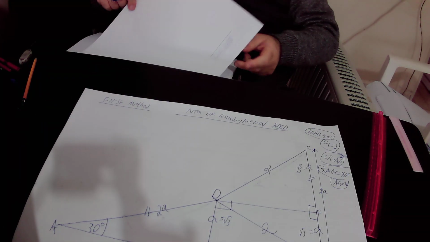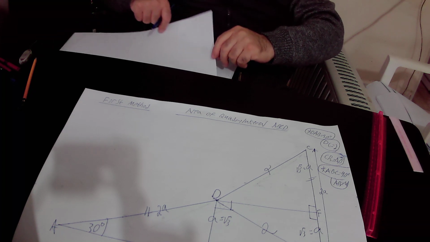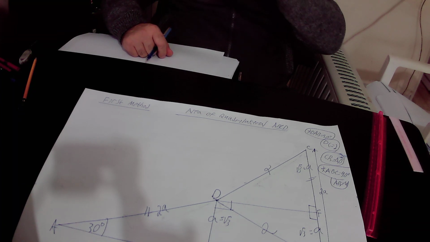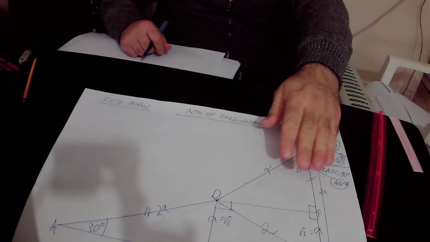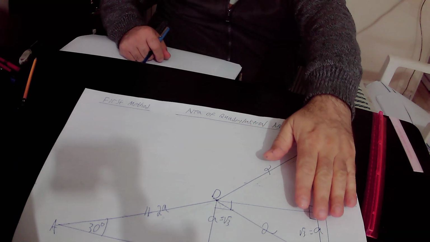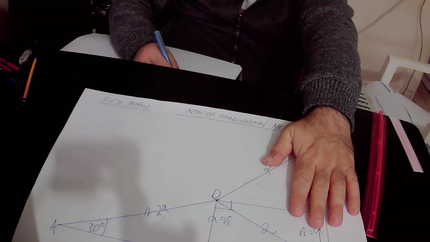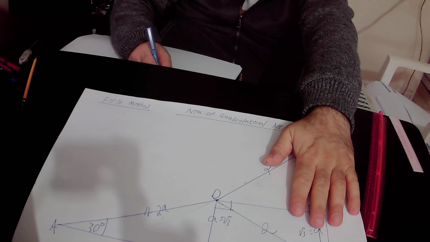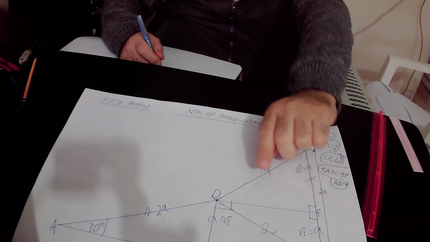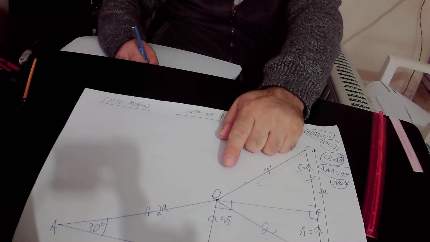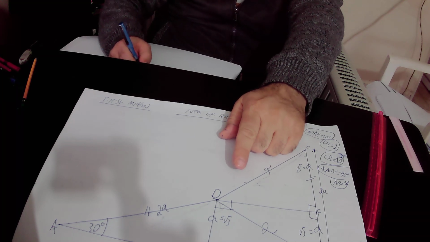According to the Pythagoras theorem, the square of the hypotenuse equals the sum of the squares of the perpendiculars. That is to say, DB squared is the square of the hypotenuse, and it equals the sum of the squares of the perpendiculars. That is to say, it equals DE squared plus EB squared.